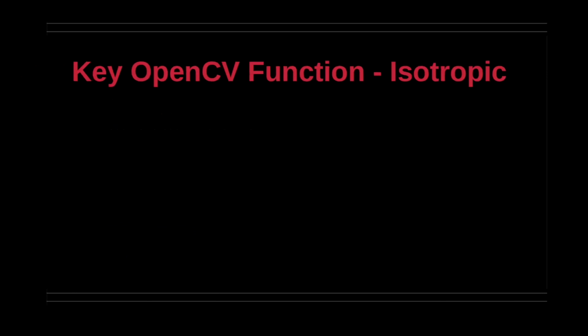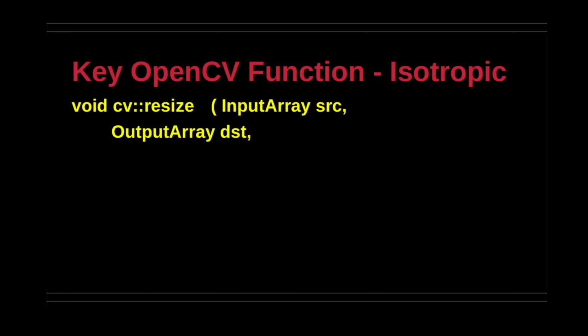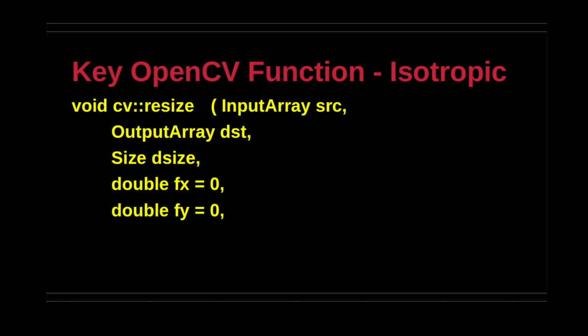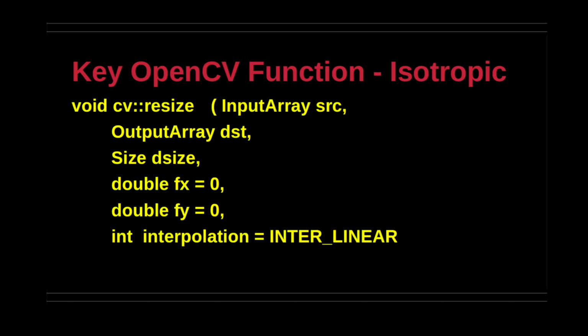The key function in OpenCV to perform scaling is resize. In addition to performing either isotropic or anisotropic scaling, the function offers flexibility in controlling the output image size and the interpolation method.